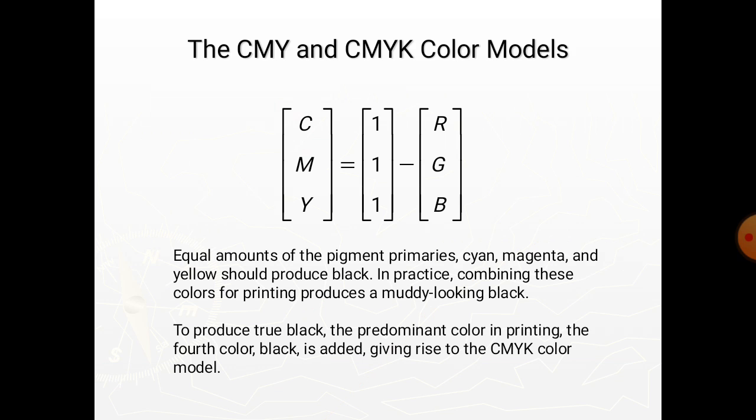This equation demonstrates that the light reflected from a surface coated with pure cyan does not contain red. Similarly, pure magenta does not reflect green, and pure yellow does not reflect blue. This equation also reveals that RGB values can be obtained easily from a set of CMY values by subtracting the individual CMY values from 1.